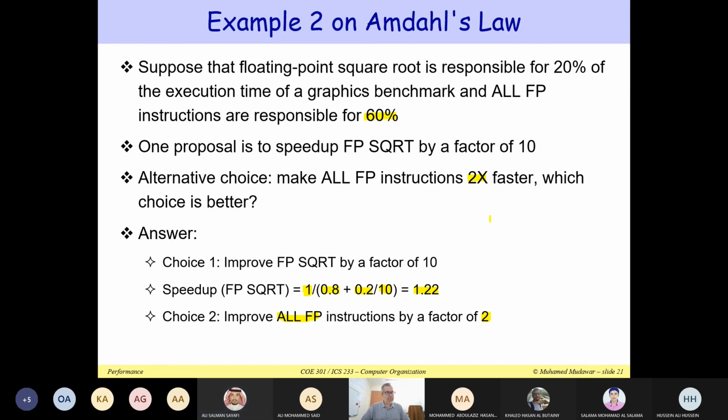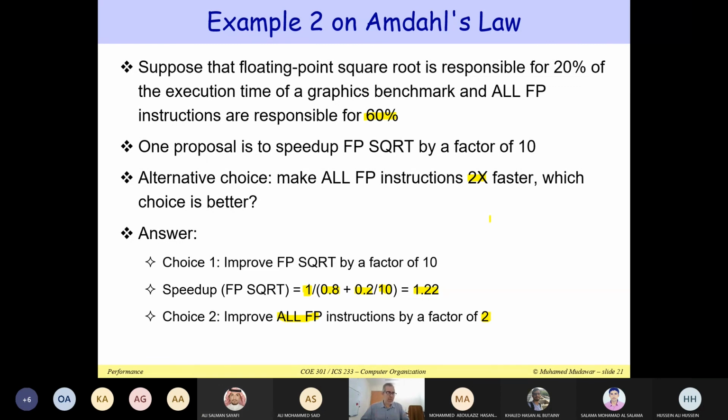So we divide the 60%, which is 0.6. So if you say that the original execution time is 1, then 60% of 1 is just 0.6, right? So we have to divide this 0.6 by 2. And what is missing? 40%.